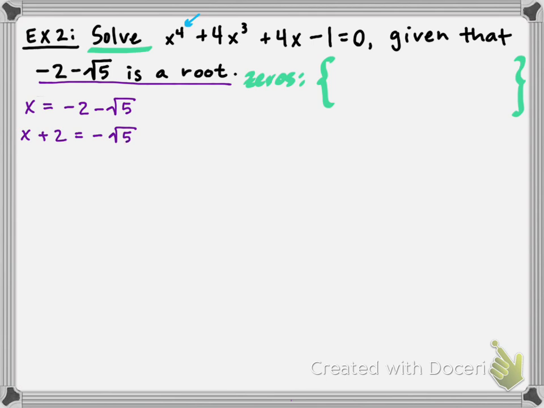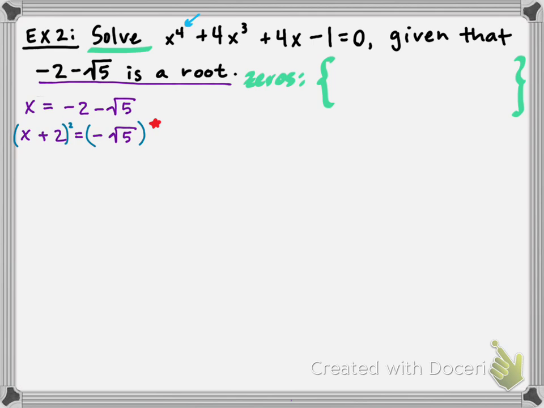Note that negative root 5 isn't a real number, so I should clarify that. But this looks similar to that i setup, and this is how you're going to want to do this step. You always move that integer number to the x side, leaving the radical or the imaginary on the right-hand side. Then you're going to take that operation and square both sides. When you do that, you're actually getting that conjugated root.